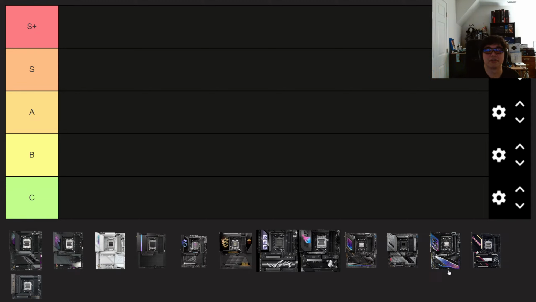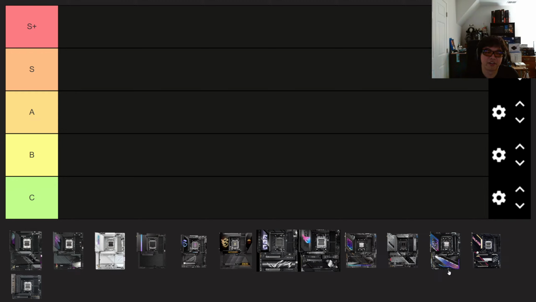Those motherboards are in a completely different class because those are single chipset motherboards, whereas the X870E is a dual chipset motherboard. So they have to be treated separately because you're not comparing the same product. You can't take a single chipset motherboard and compare it to a dual chipset motherboard and expect it to do better.